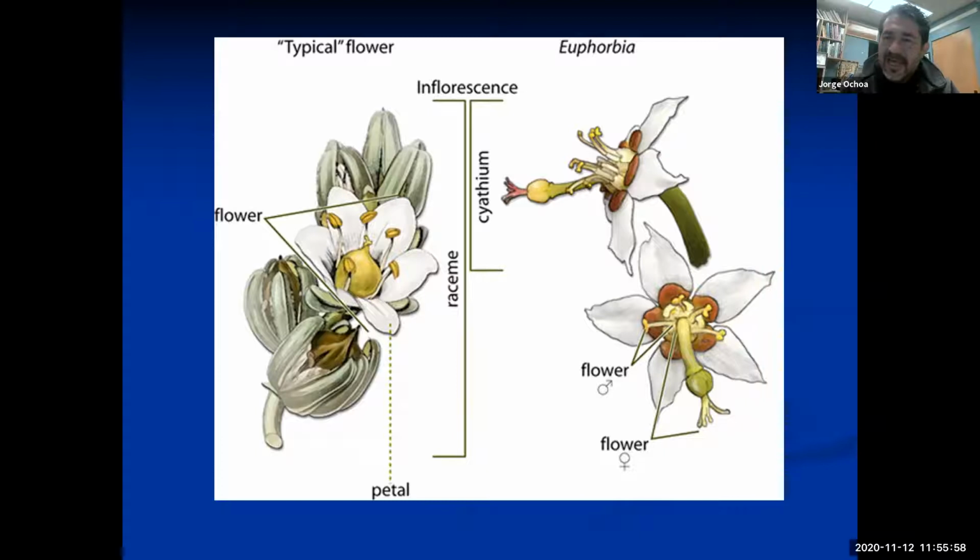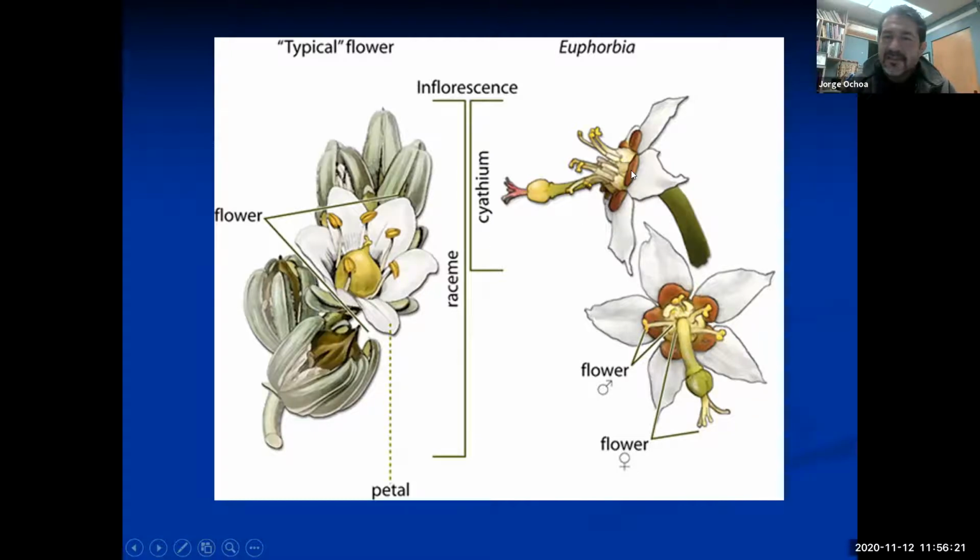And so what we have is what we saw with the other plants. We have male flowers that have just one stamen, surrounding one female flower in the center. Here we have a typical flower, just for comparison, with many stamens and one stigma, style and ovary.